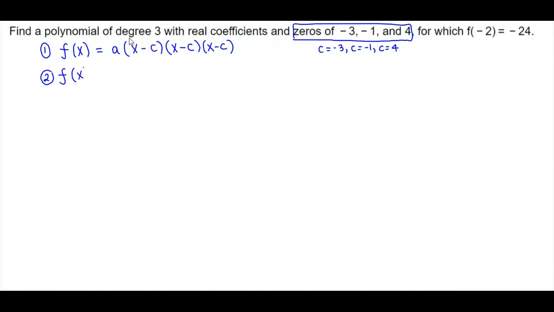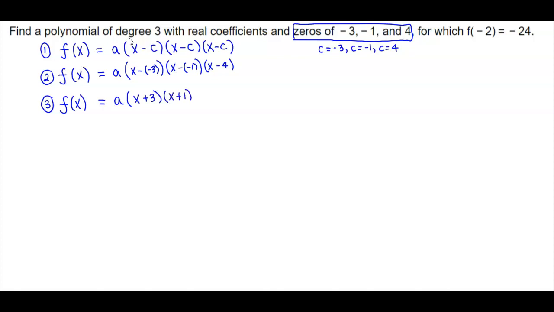So f of x equals a times x minus (-3), then x minus (-1), and then x minus 4. Let's finish those signs. So f of x equals a times x plus 3, times x plus 1, times x minus 4.